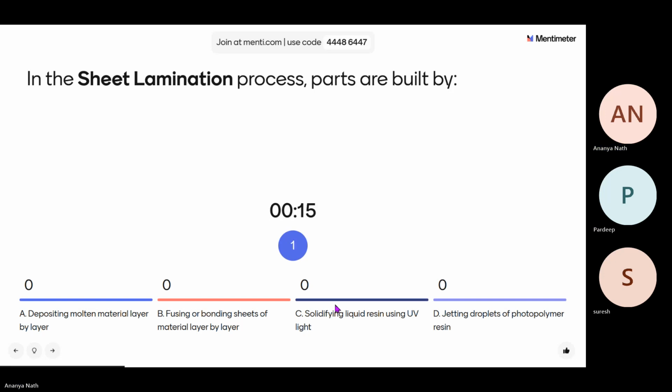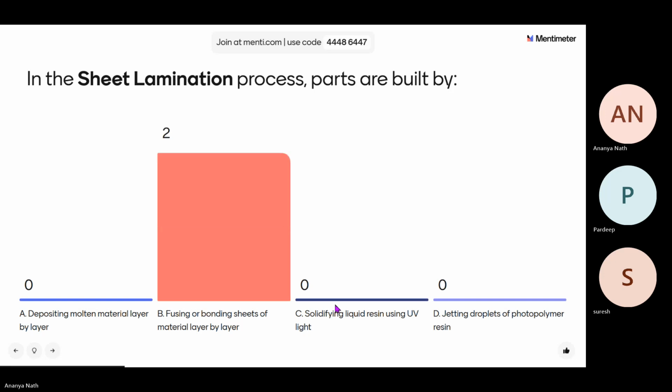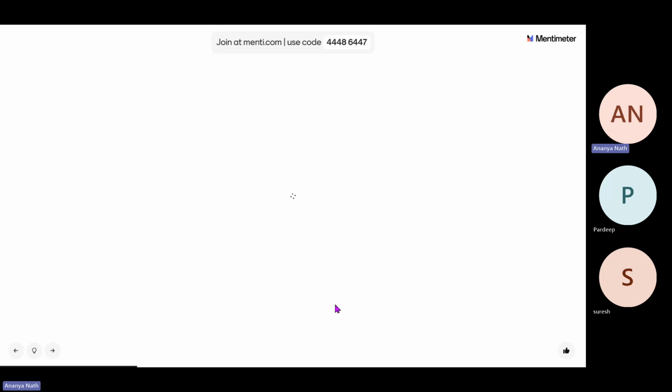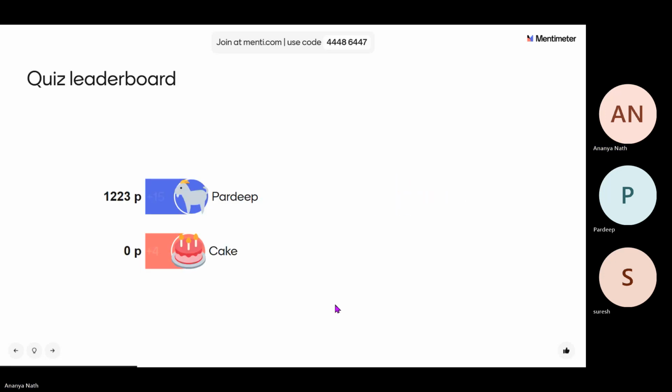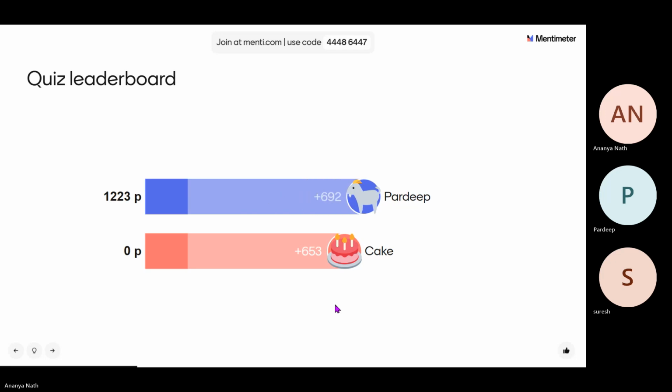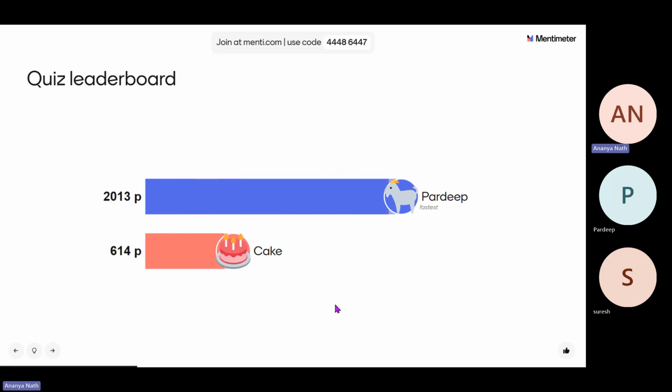Option B. Okay, just tick. Yes, so it's the fusing or bonding of sheet material layer by layer. Ooh, who was the fastest?